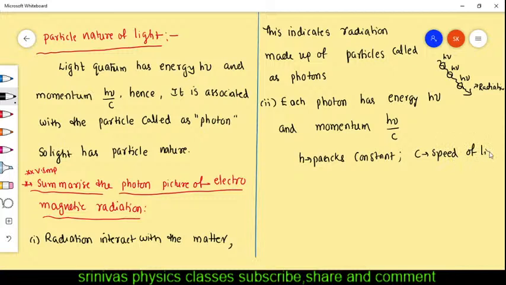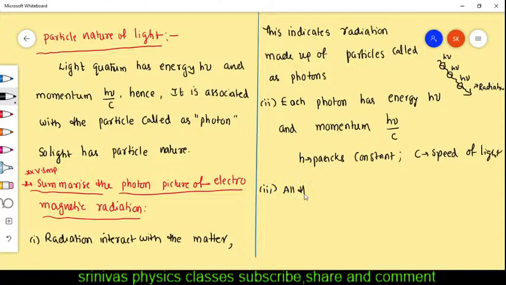This is the second point in summarizing the photon picture of electromagnetic radiation. Light is made up of photons, and I am explaining the photon properties here.